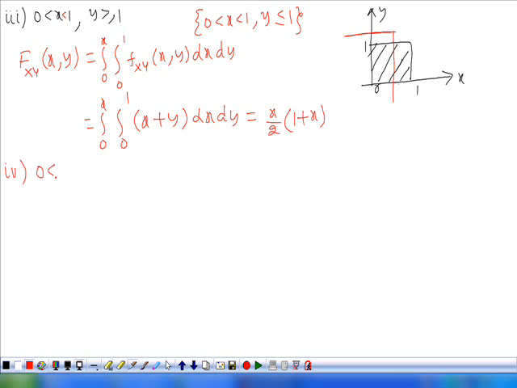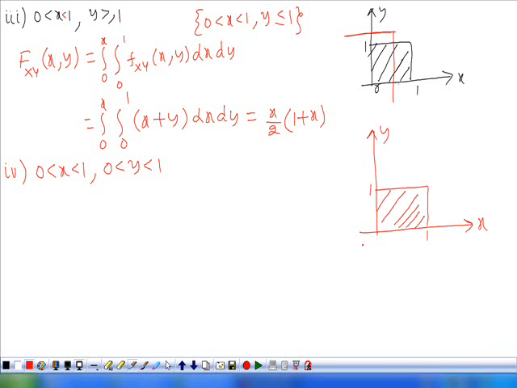In this case, x is lying between 0 and 1, y is also taking this. This is 1, this is 1, this is a density function. See, x is taking values between 0 and 1, y is also taking values between 0 and 1. So therefore, the region of interest is this.